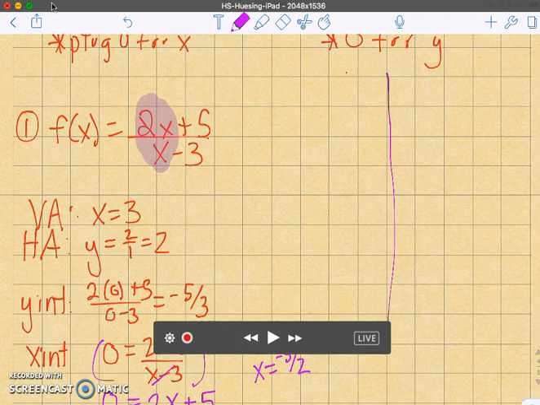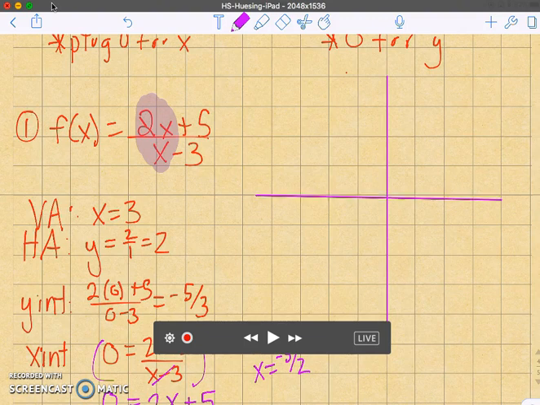So if we were to graph this, a vertical at x equals 3. Horizontal at y equals 2. A y-intercept of negative 5/3, so a little bit more than 1. And an x-intercept of negative 5 over 2.